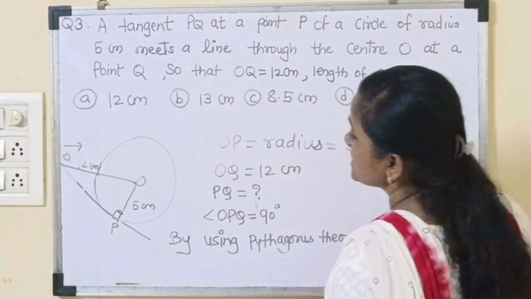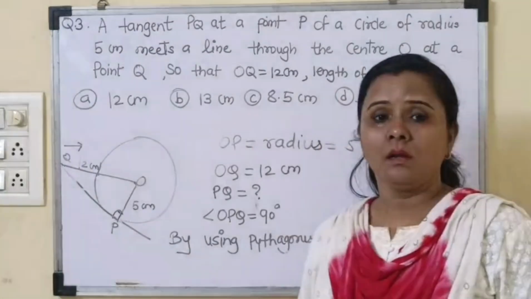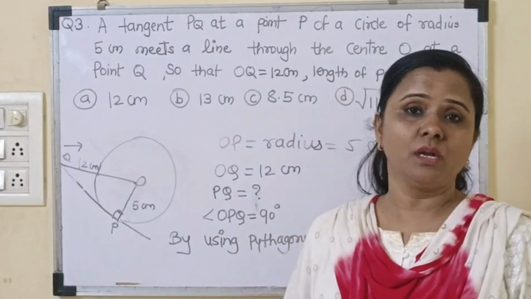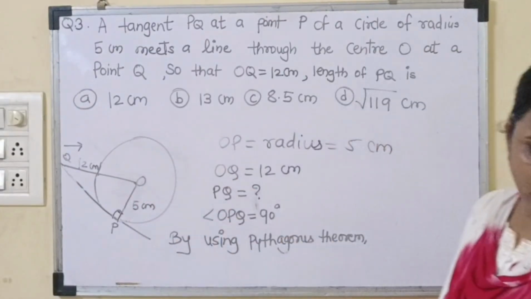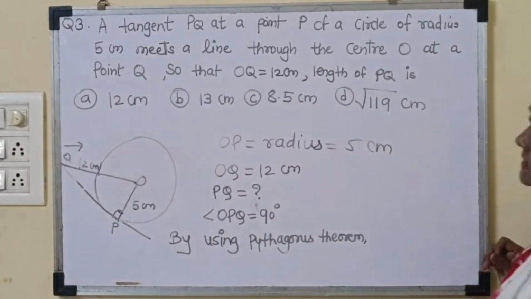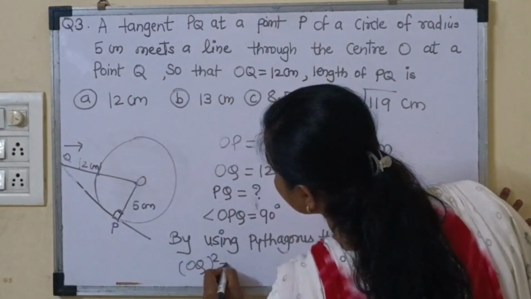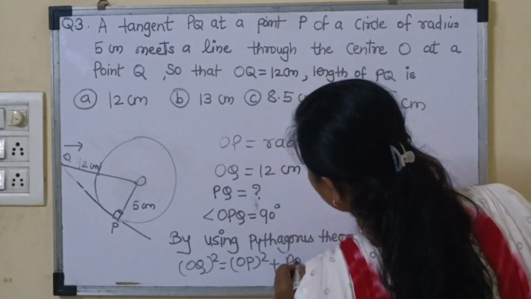What is the Pythagoras theorem? Hypotenuse square is equal to base square plus height square. So here the hypotenuse is OQ. So OQ square is equal to OP square plus PQ square.